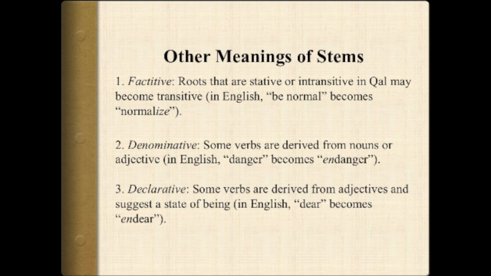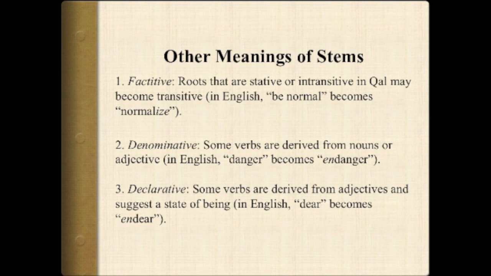In other words, they take a direct object. So in English, we do this by saying to be normal. Something is normal. When it becomes transitive, it becomes normalized. So you are normalizing the situation. You are normalizing the custom, making it normal. So that makes it transitive.